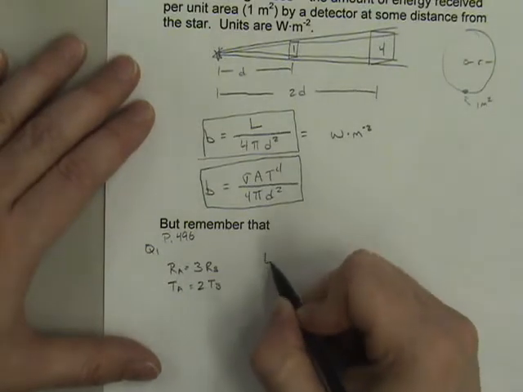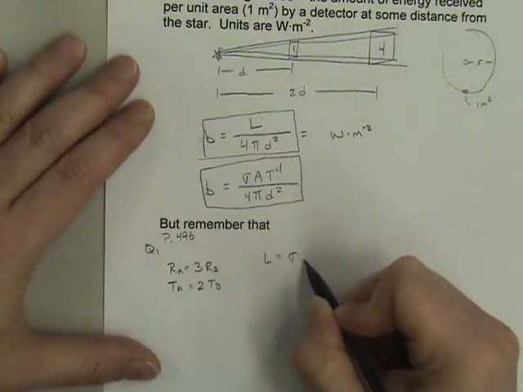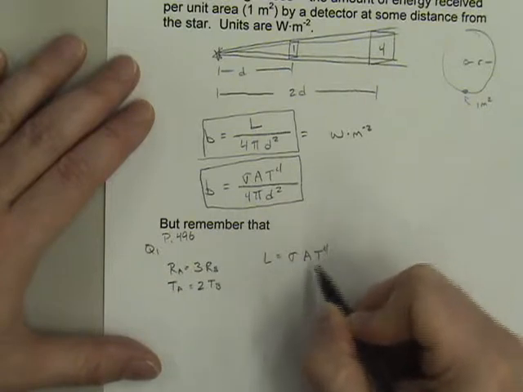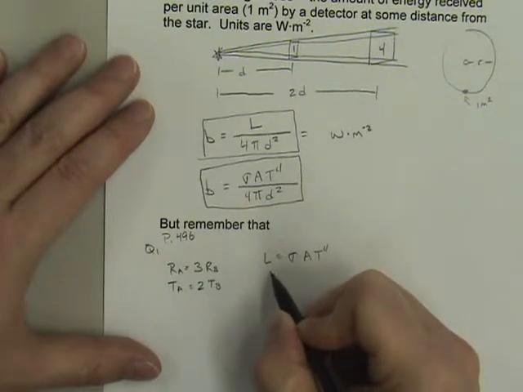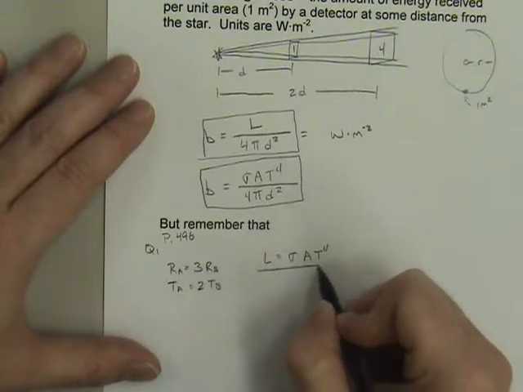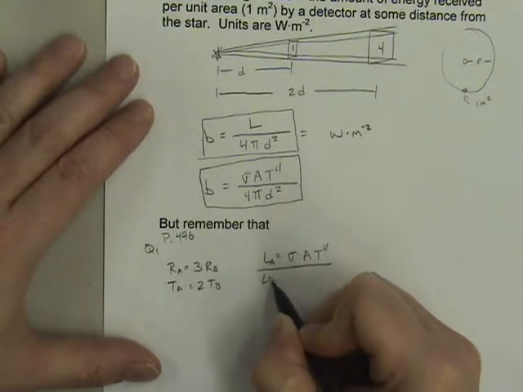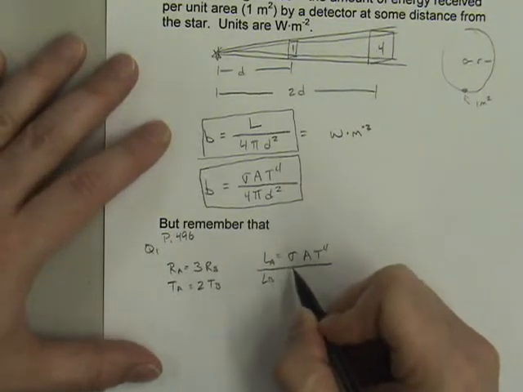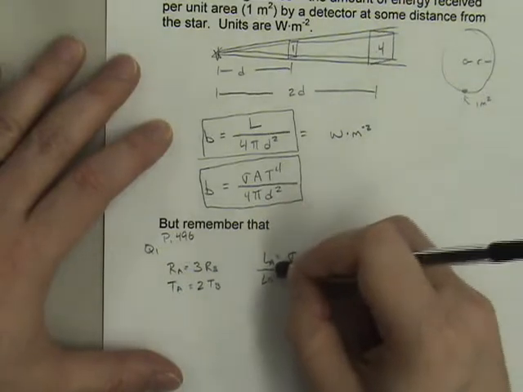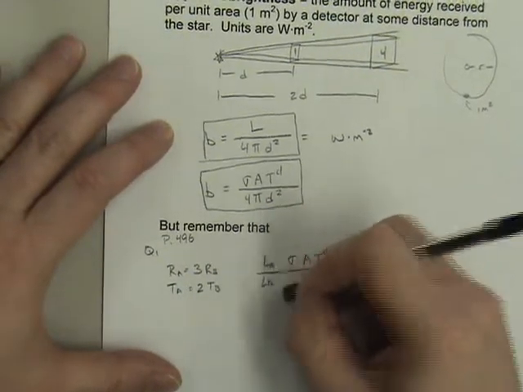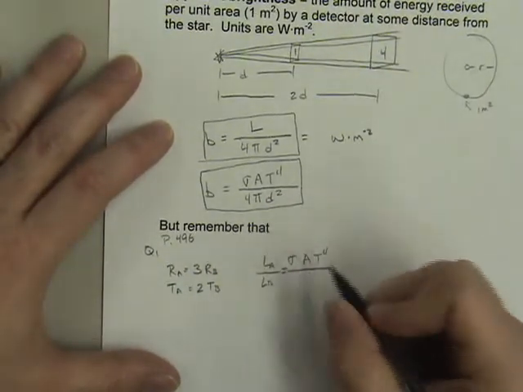So the luminosity formula is sigma A T to the 4th. Let's make this a little more clear.